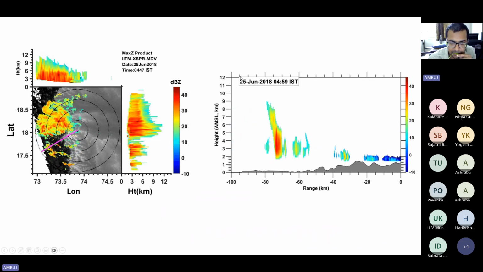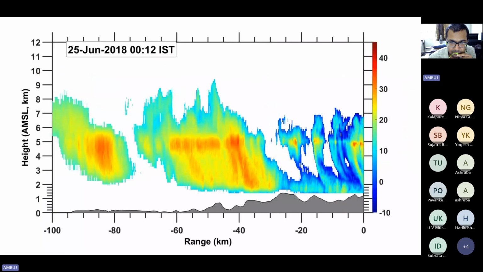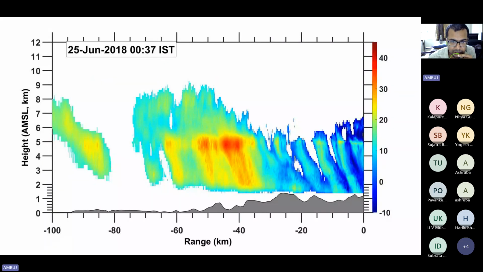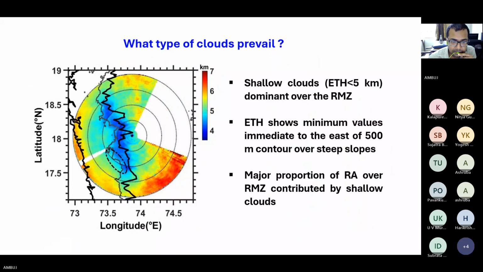So this again highlights the same thing, but at higher resolution. One question we wanted to answer: what type of clouds prevail over this region? We see that shallow clouds are dominant over the RMZ, and deep clouds are mainly dominant over the lee side and the coastal sides.